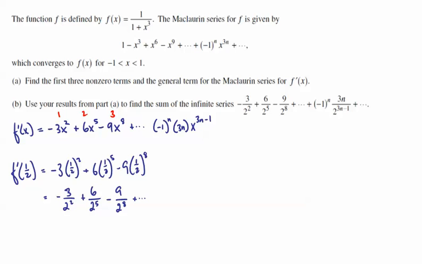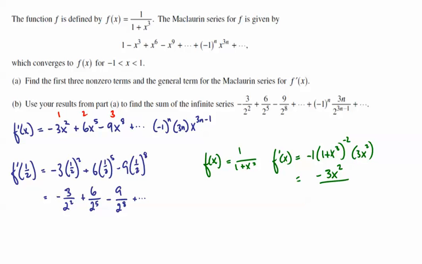Now instead we have another way. We know that f of x is 1 over 1 plus x cubed, and therefore f prime of x would be negative (1 plus x cubed) to the negative second times 3x squared, which would be negative 3x squared over (1 plus x cubed) to the second power.